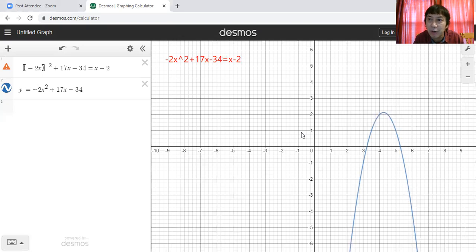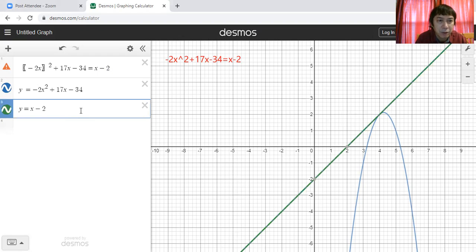And now let's graph the right side. We're going to graph the x minus 2, okay? This portion here. We're going to graph that part. Y is equal to x minus 2. And there you see the line, okay, intersecting with the parabola at this point here. So intersection looks like at 4, 2, okay?